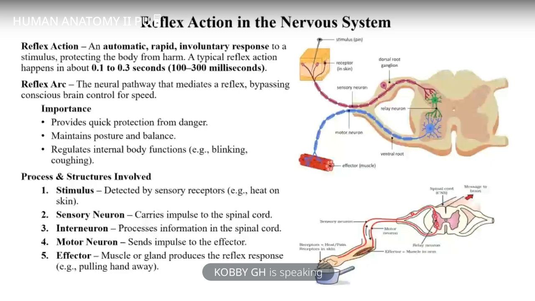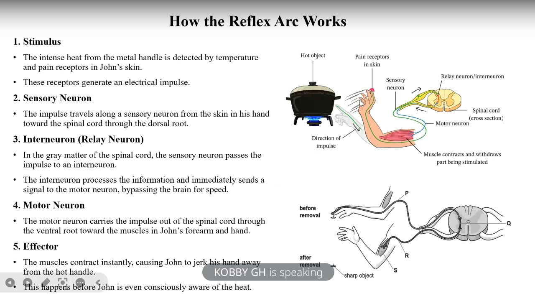So you see here, this person is touching a hot object. Once you touch the hot object, sensory receptors in the skin will pick up the signal. Once they pick up the signal, they release it to the sensory neuron.